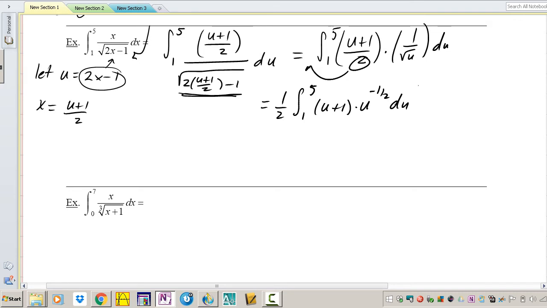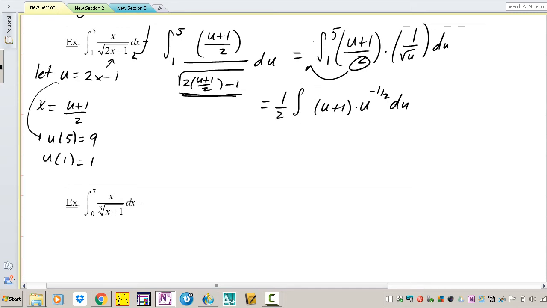And let me go ahead and change these limits of integration since I want to do it using the method number 2 way. So if I plug in 5 for x, I get 9, and when I plug in 1, I get 1. So let me change these limits of integration.